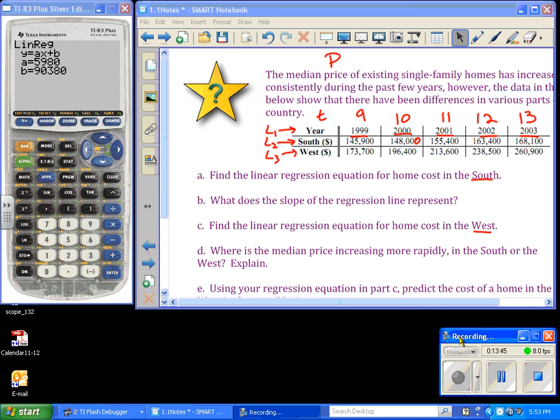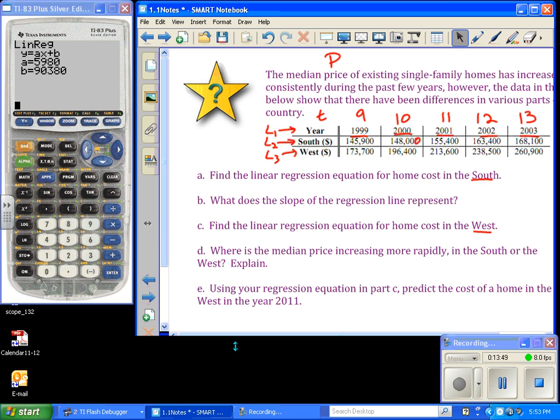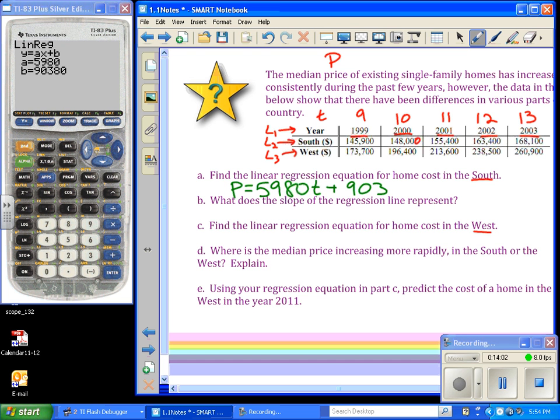Don't worry about not having it for now. I'm not going to even talk about that today. So I just want to copy over my equation. So I have P equals 5,980 times x, which is t, plus 90,380.